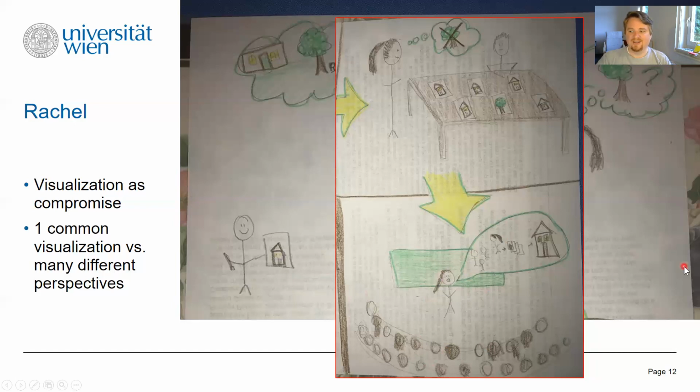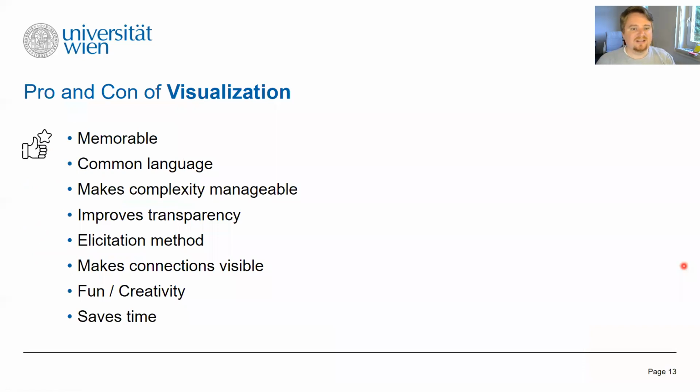Okay, so all the others also did very nice visual abstracts. I just pointed out some of these. I think we now have pretty much all important aspects of the advantages and challenges of visualization, which I summarized here. Most of you said it's more memorable.